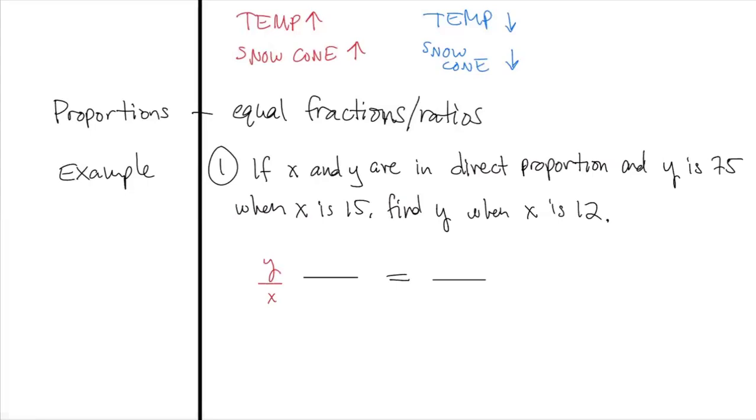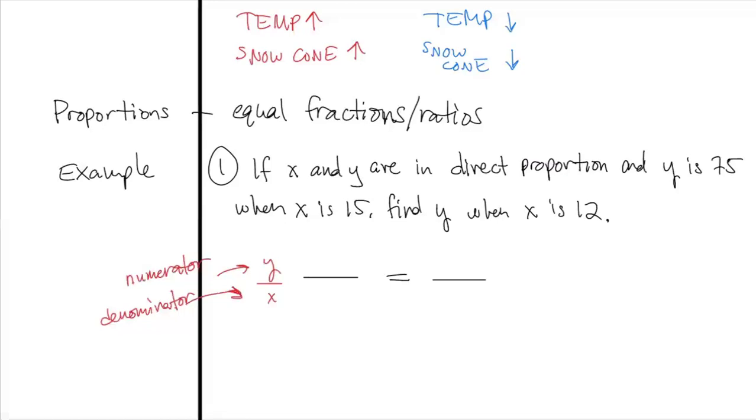Let's make it a fraction. Remember this is called the numerator. This is called the denominator. So we're going to include the y variables on top, x variables on the bottom.